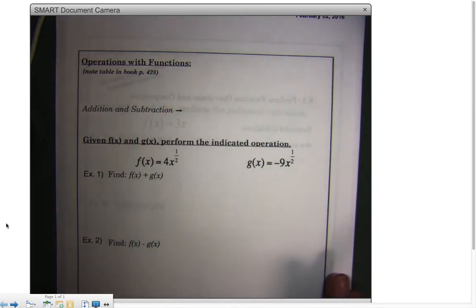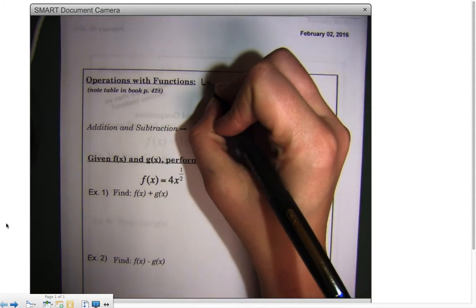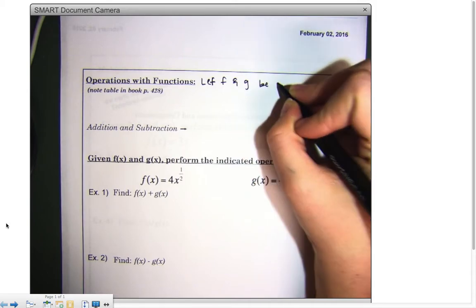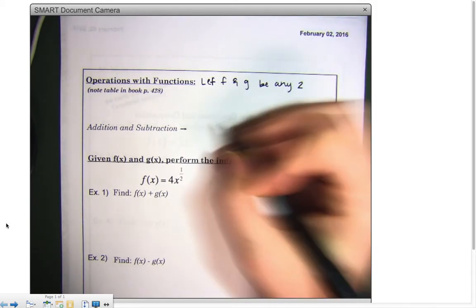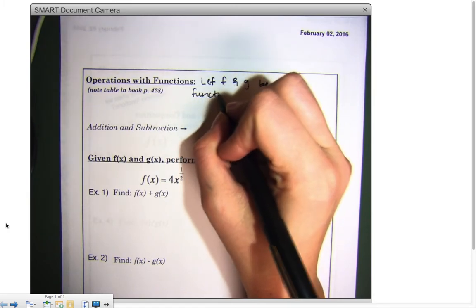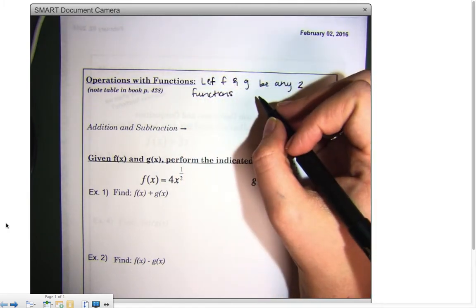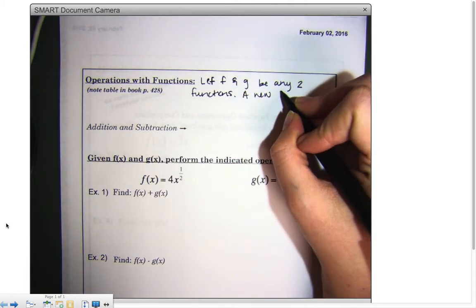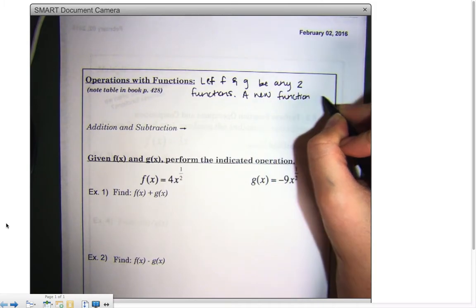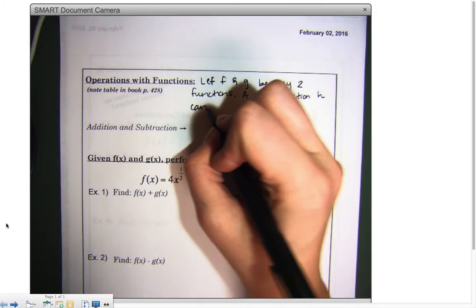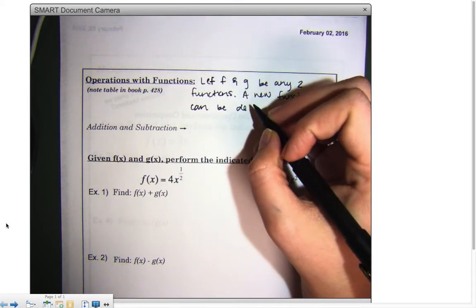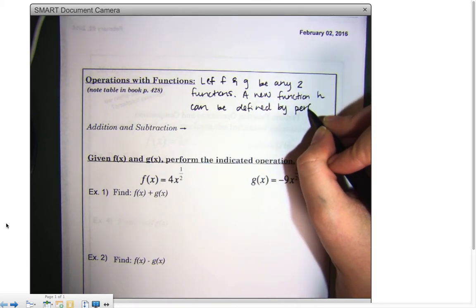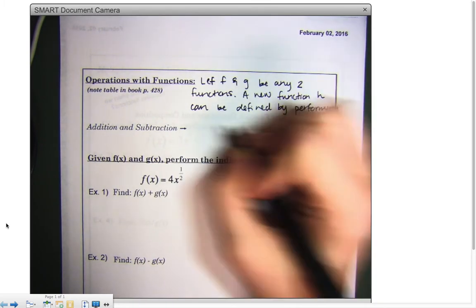When we talk about operations with functions, we are going to say let f and g be any two functions, a new function h can be defined by performing any of the four operations.